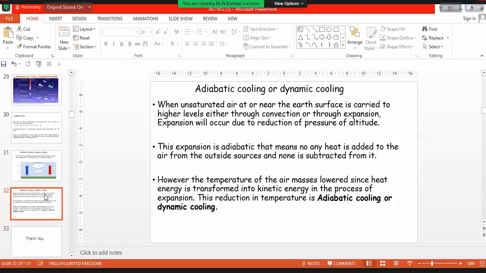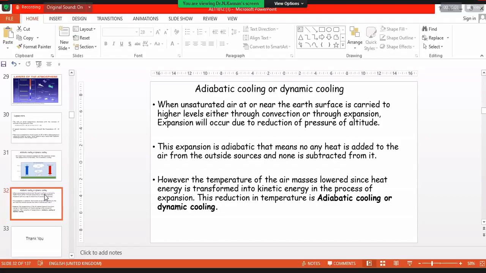However, the temperature of the air mass is lowered since heat energy is transformed into kinetic energy in the process of expansion. What is happening when we expand? Molecules are getting separated and moving, so this develops motion inside the system.